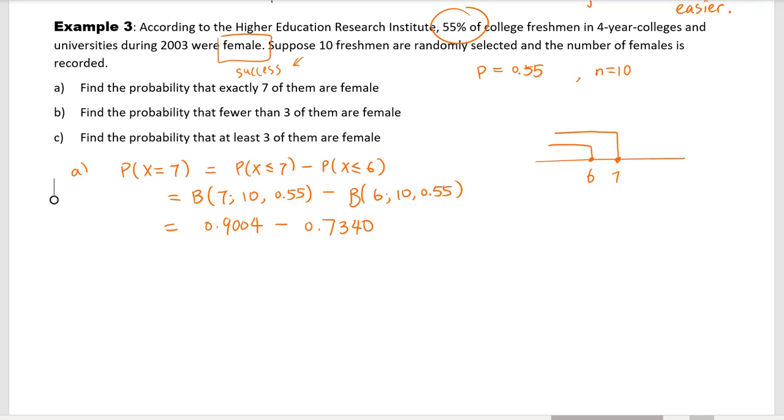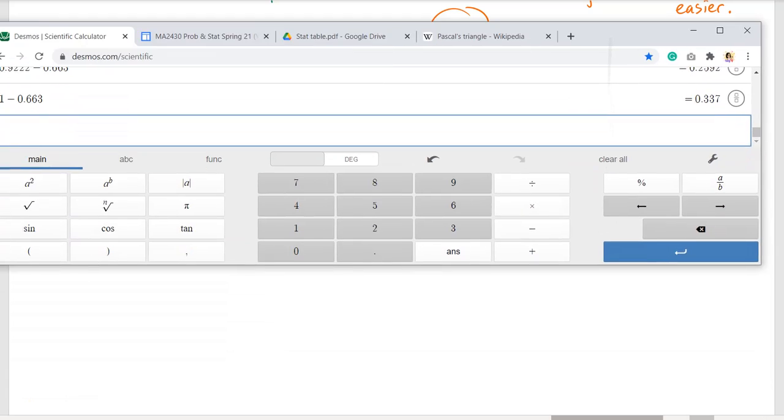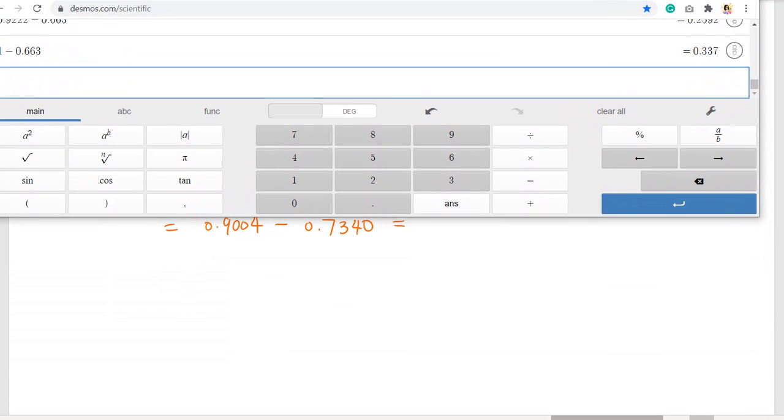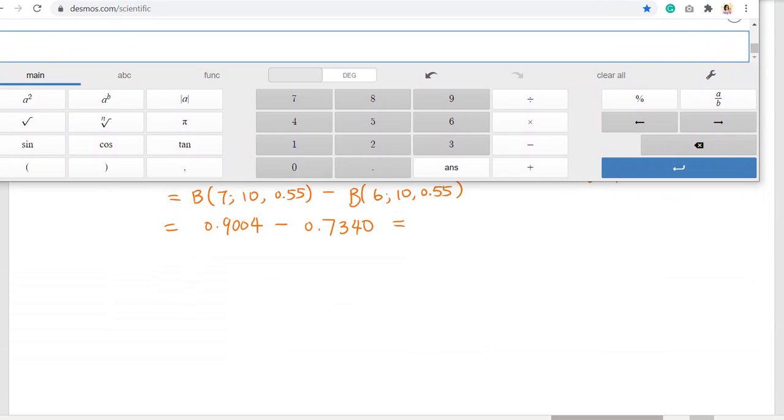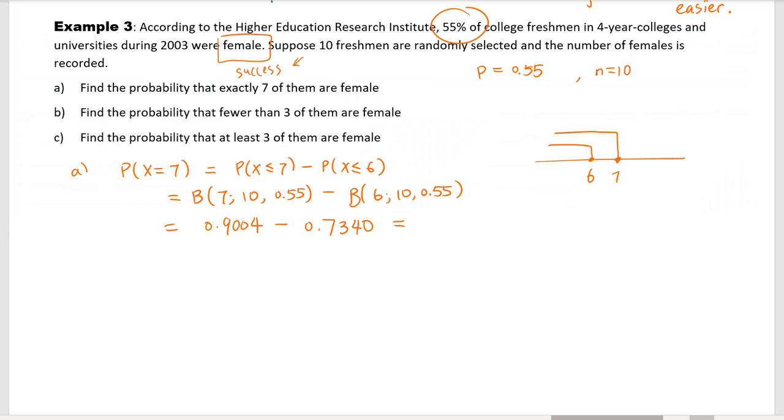Okay, where is our calculator? So 0.9004 minus 0.7340, the answer is 0.1664. Okay, that is part A.